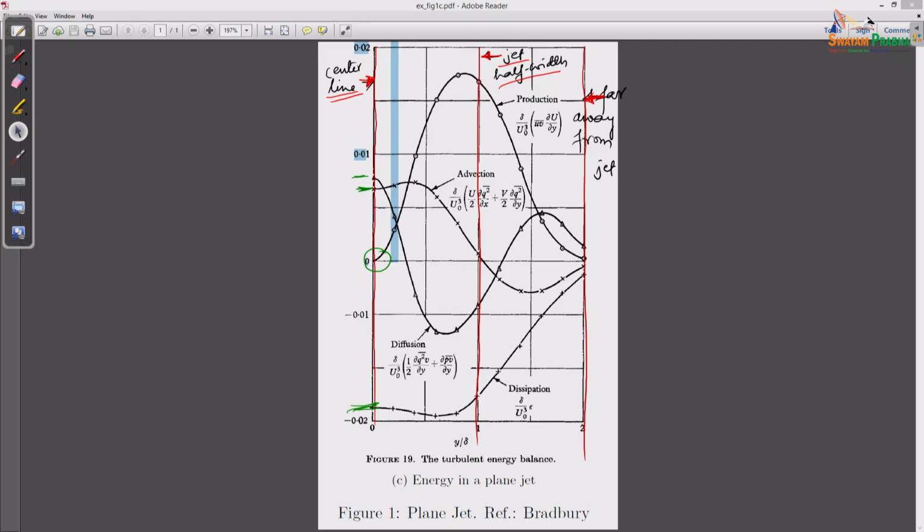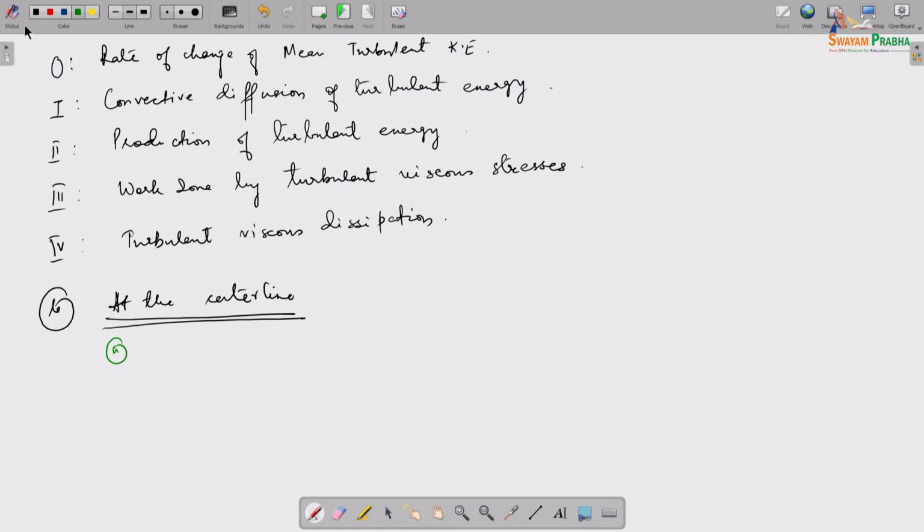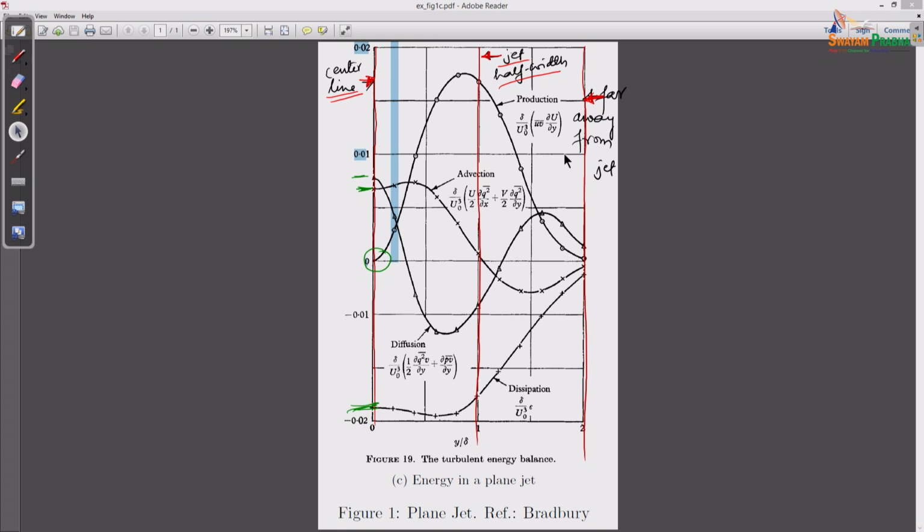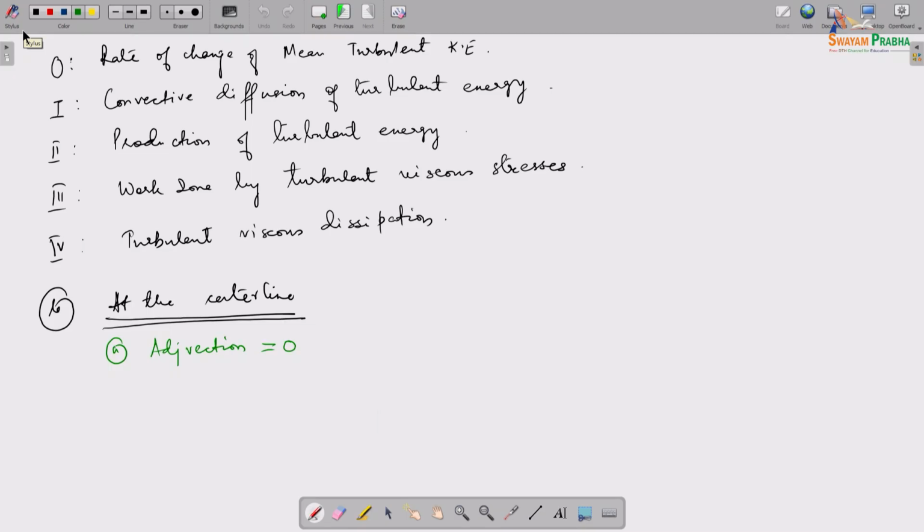What you see is advection is equal to 0, right? If you see, this is the third term, and if you look at this, advection is equal to 0.